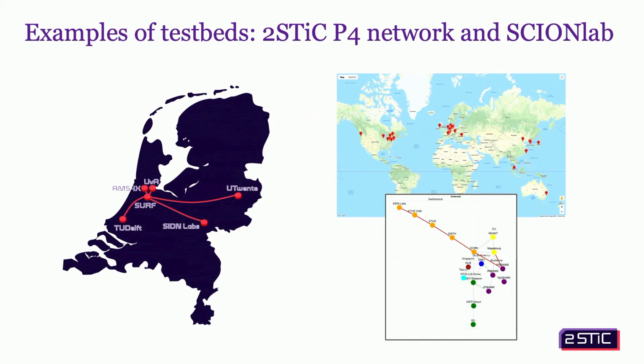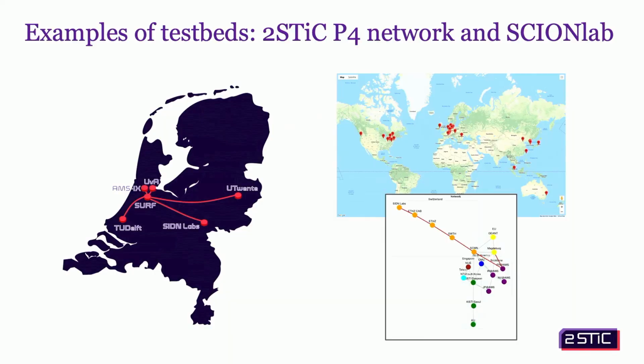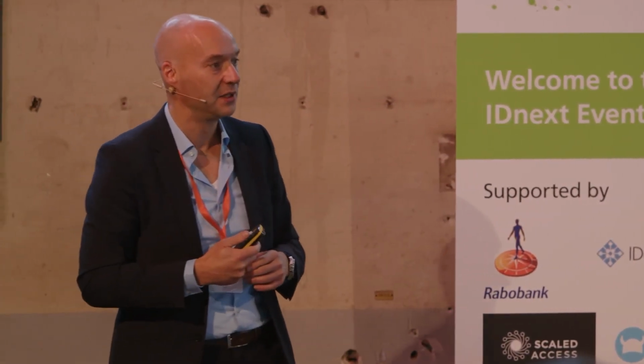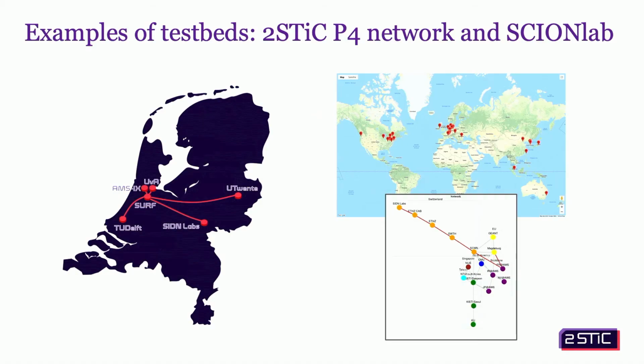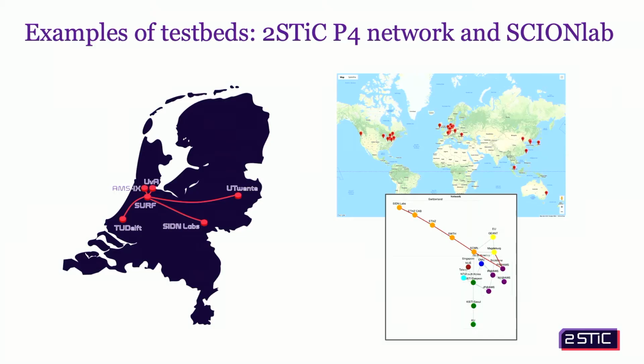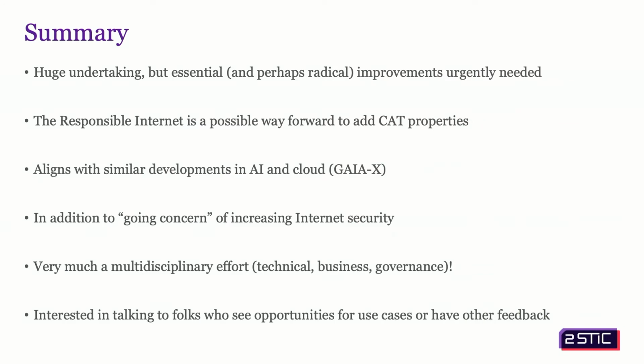So that's something that we can use to deploy and to test this concept. And we have a new network technology called Scion, which partly gives this controllability and transparency already. They also have a testbed, called Scion Lab, and that's something that we connect to at SIDN, for example. So we also have testbeds that we can use to really implement and validate our ideas. And there's more, but I only show two here.